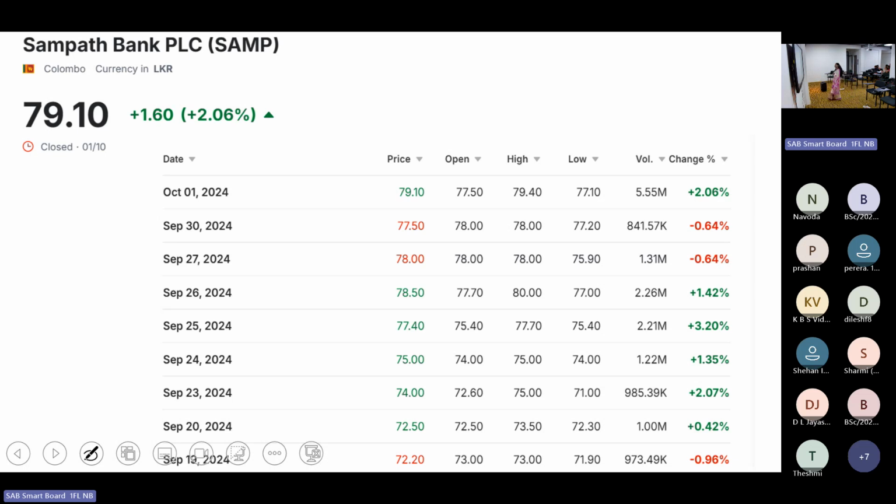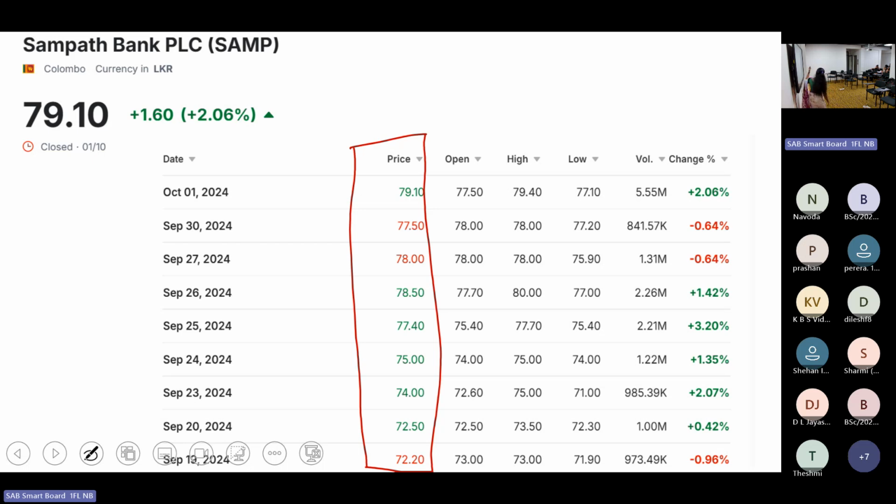Sampath Bank shares from which year to which year? From October to September. Right? So you don't need to consider the open market or other things. Just consider the prices. What happened to the prices? So these are the prices of Sampath Bank.